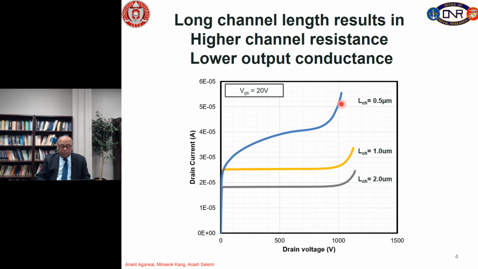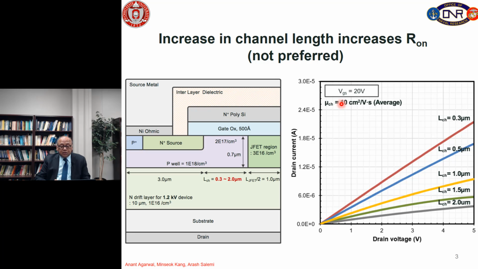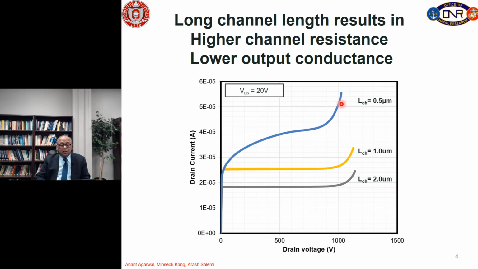So we went from 6 microamp for usable current in the on state to almost 50 microamps at 1000 volts of drain. Now that's pretty high, almost 8 times, and this is happening because we have a short channel length.